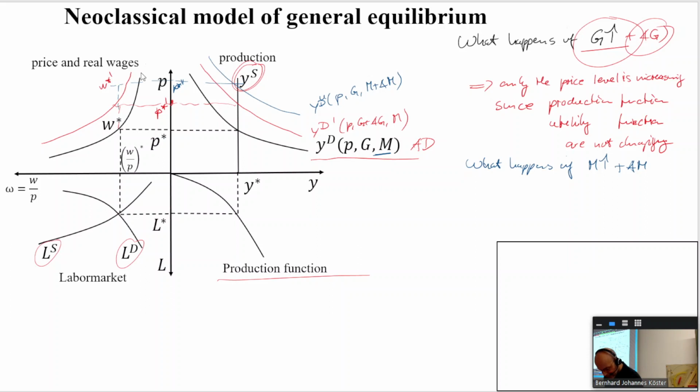We have a price level and a new hyperbola representing the nominal wage, double prime. So this one.